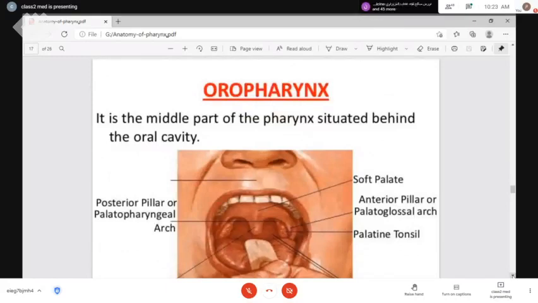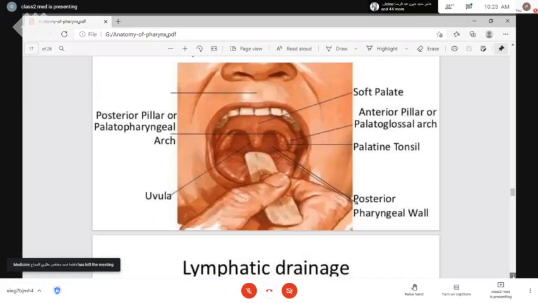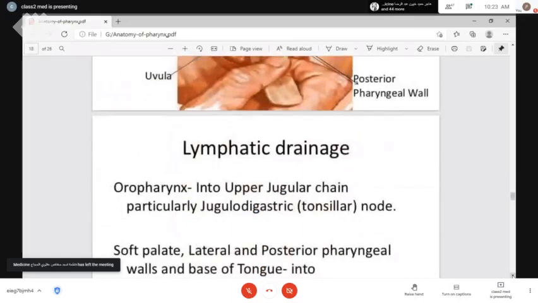The oropharynx is the middle part of the pharynx, situated just behind the oral cavity. Lymphatic drainage of the oropharynx is to the upper jugular chain, particularly the jugulodigastric lymph node, or what is called the tonsillar lymph node.